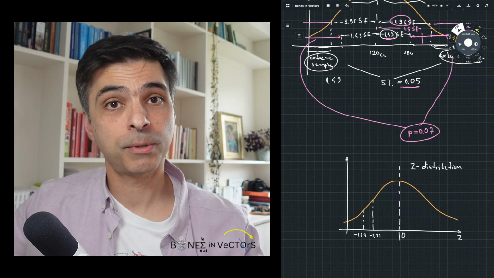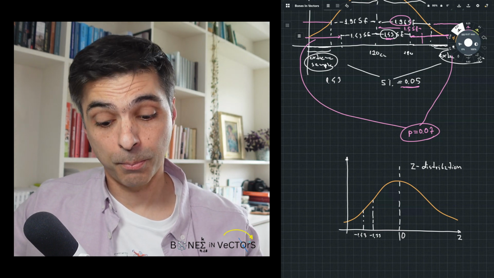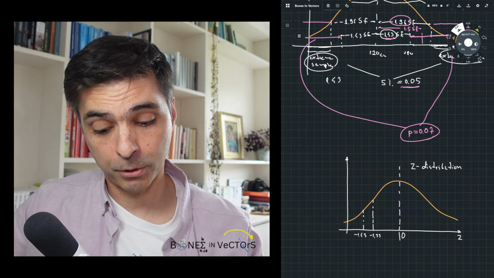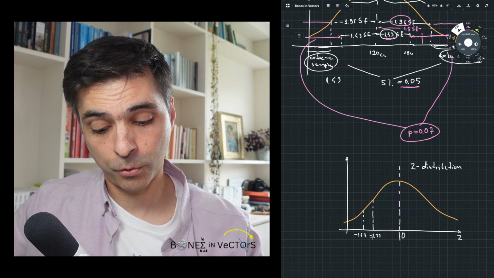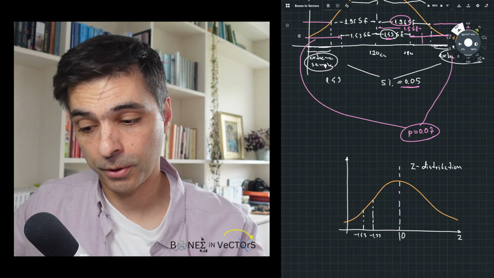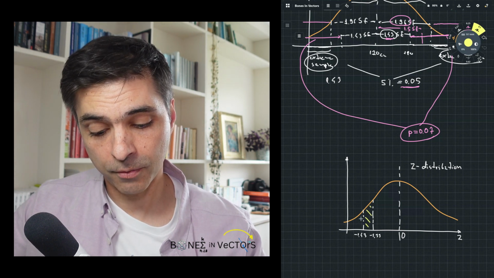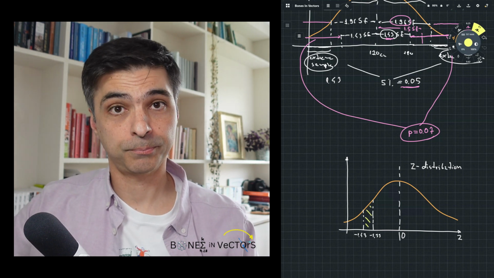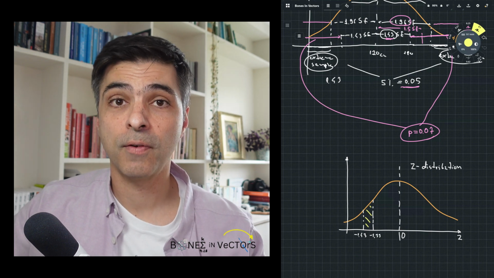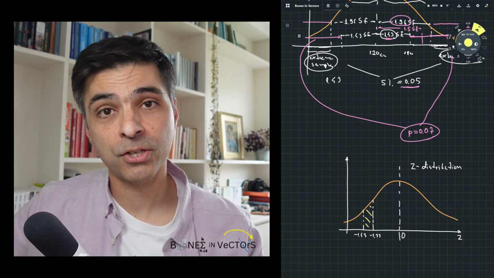The y-axis means something different here. The probability of getting a number between minus 1.43 and minus 1.33 is the area under the curve between this interval. We call such functions probability density functions.